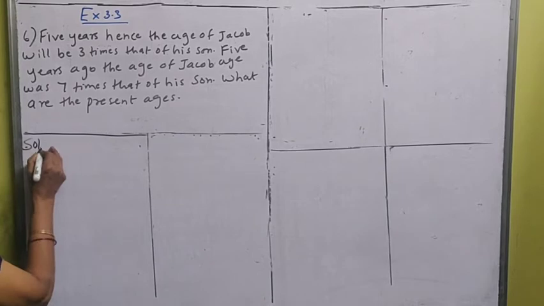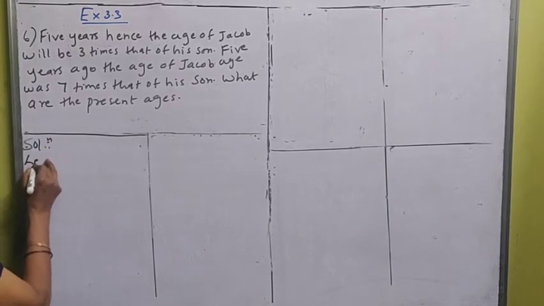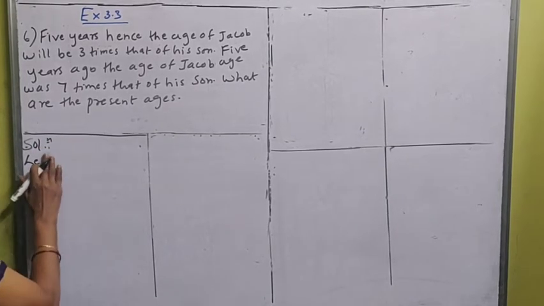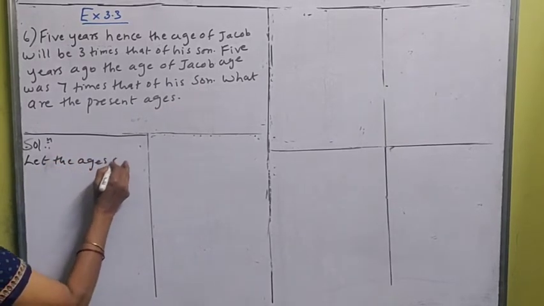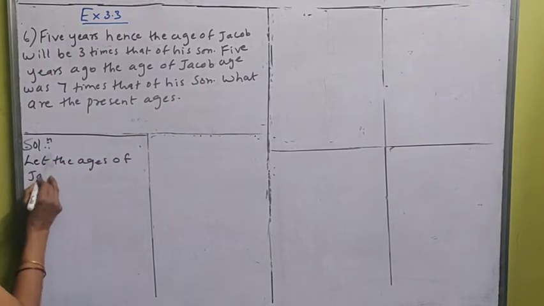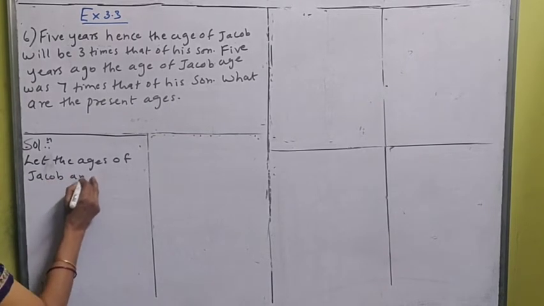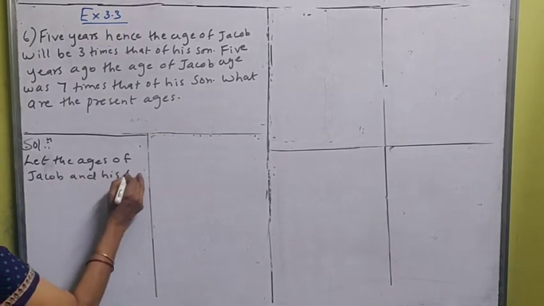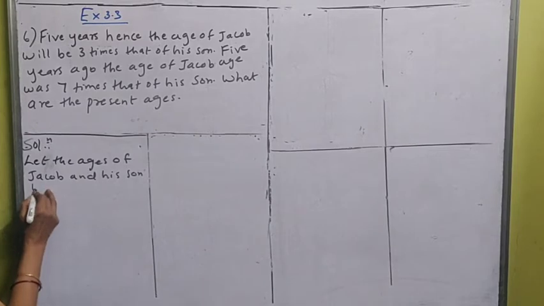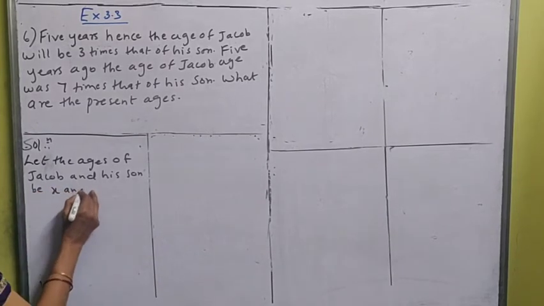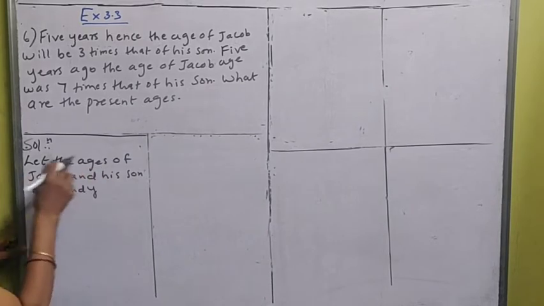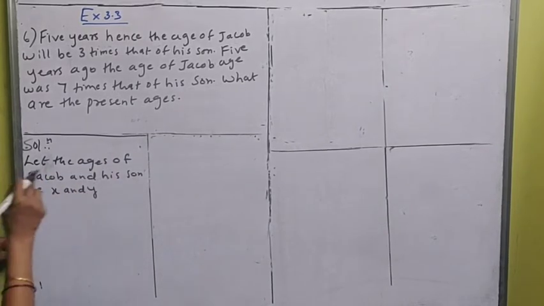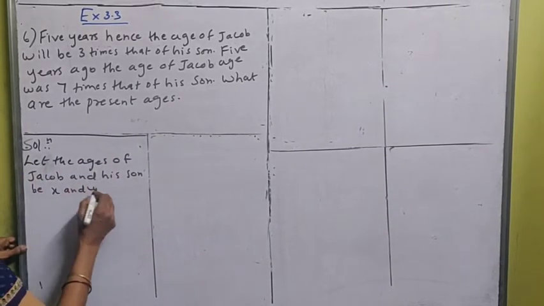So let us suppose, let the ages of Jacob and his son be X and Y. That means the age of Jacob is X and the age of son is Y.